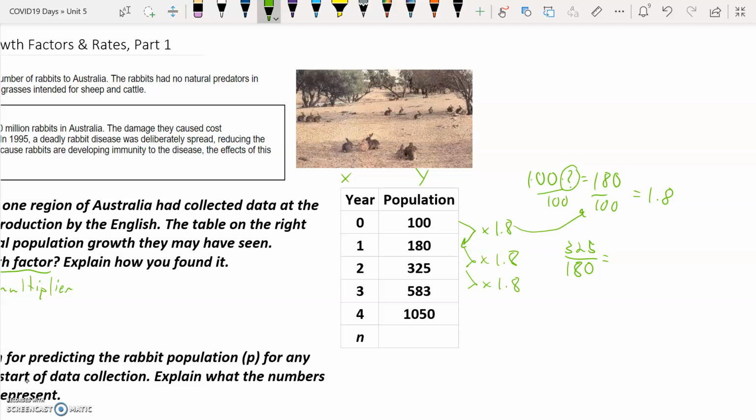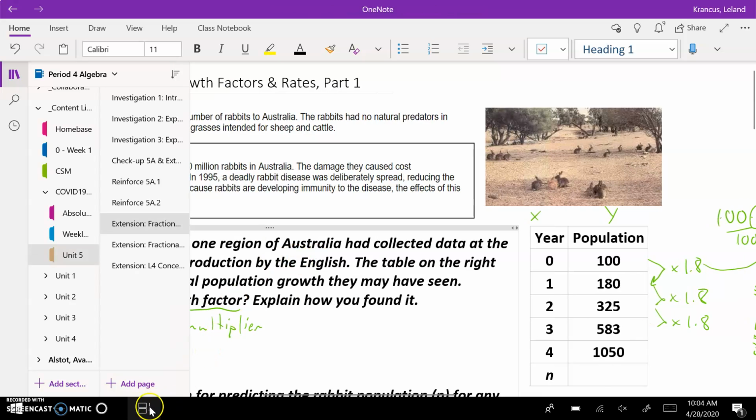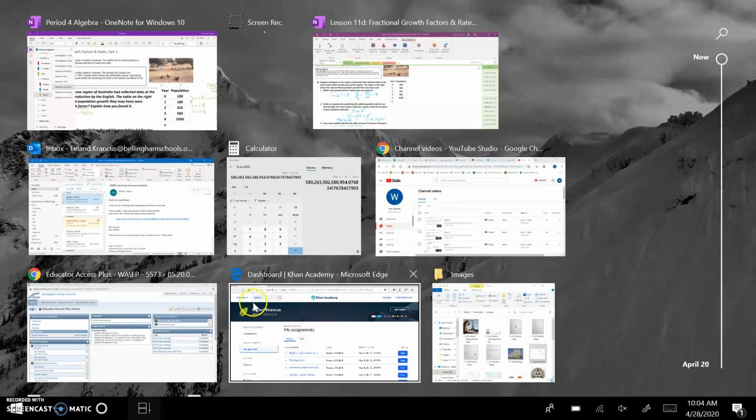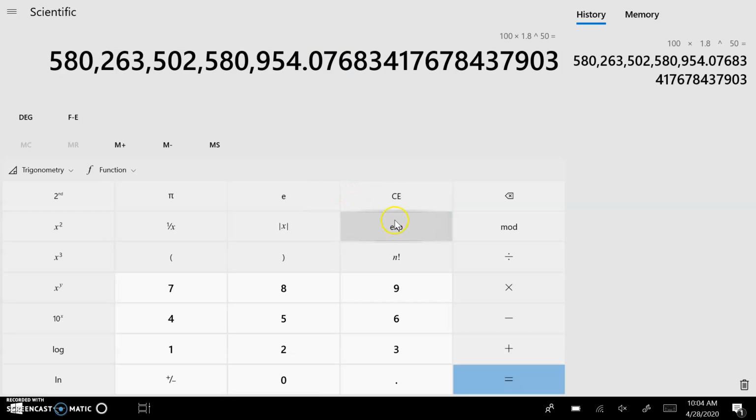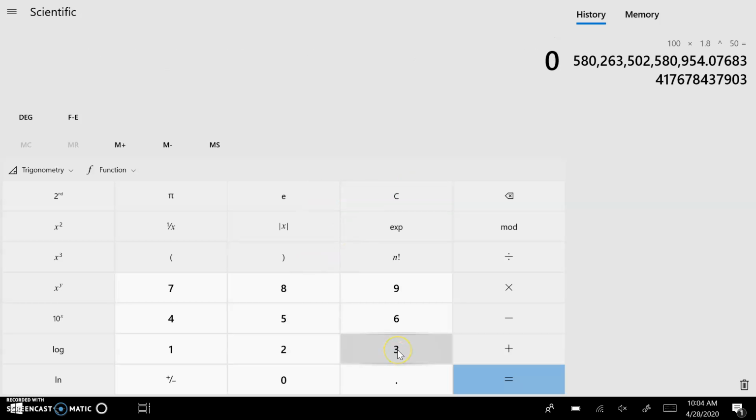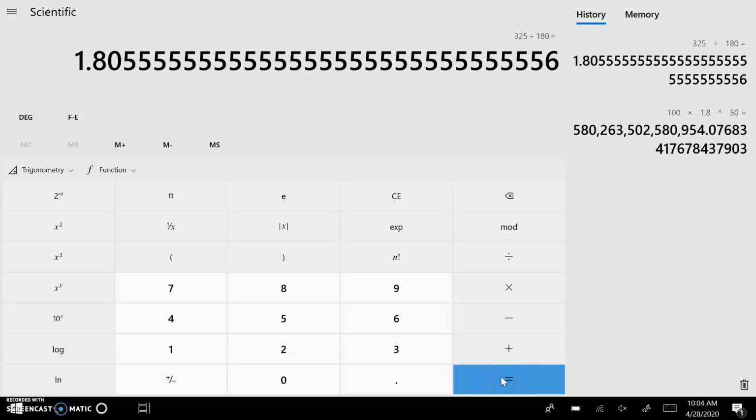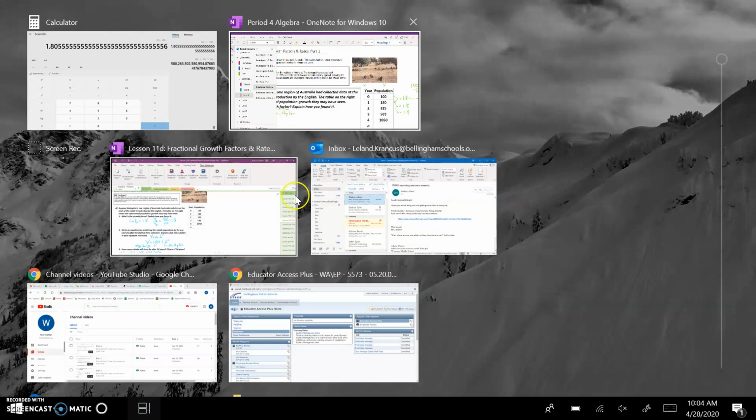If you do 325 divided by 180, and then 583 divided by 325, you'll see you do get about 1.8 each time, and that's the same for the rest of them as well.